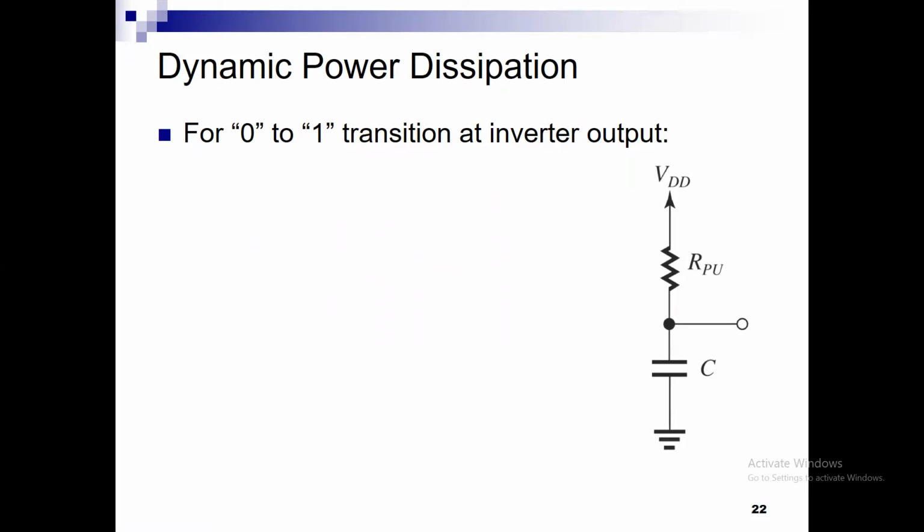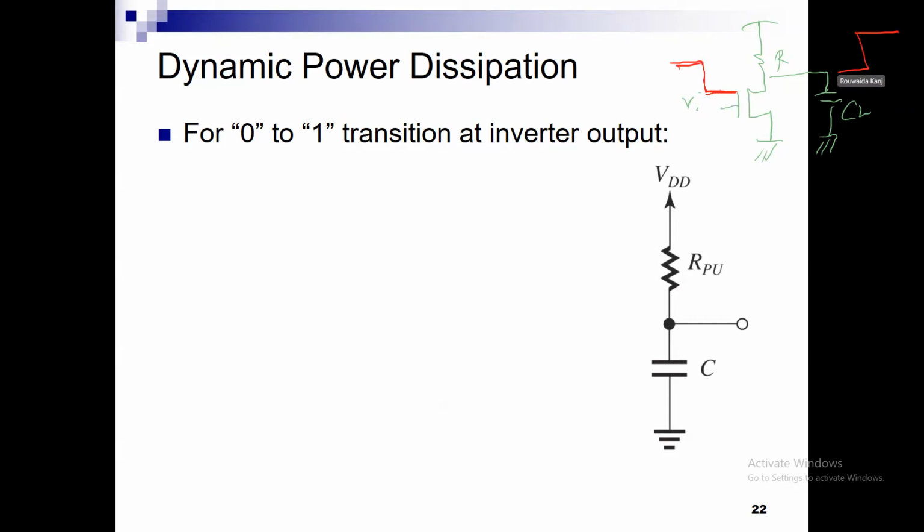For the resistor-based inverter, which really is this inverter here with the transistor, and this is Vn, it is driving some capacitive load, including its own self-capacitance. When the input transitions from 1 to 0, the output is going to transition from 0 to 1.